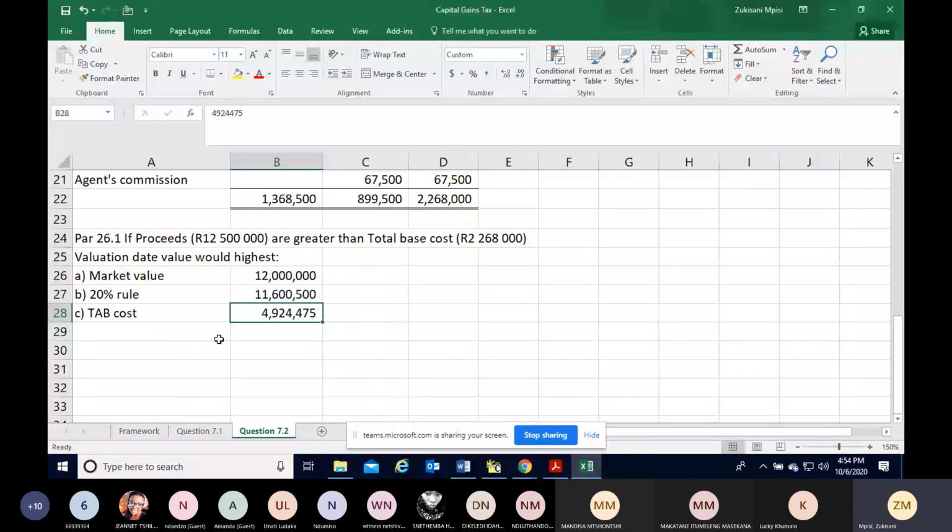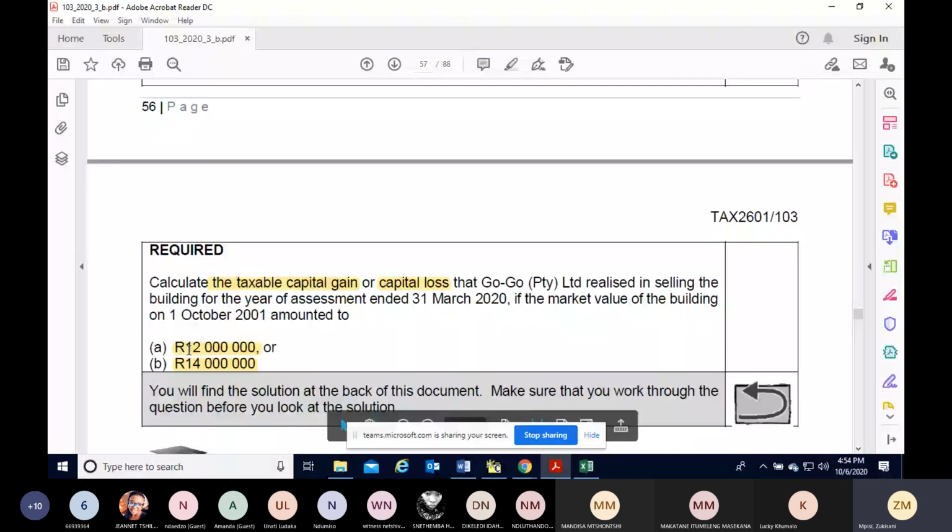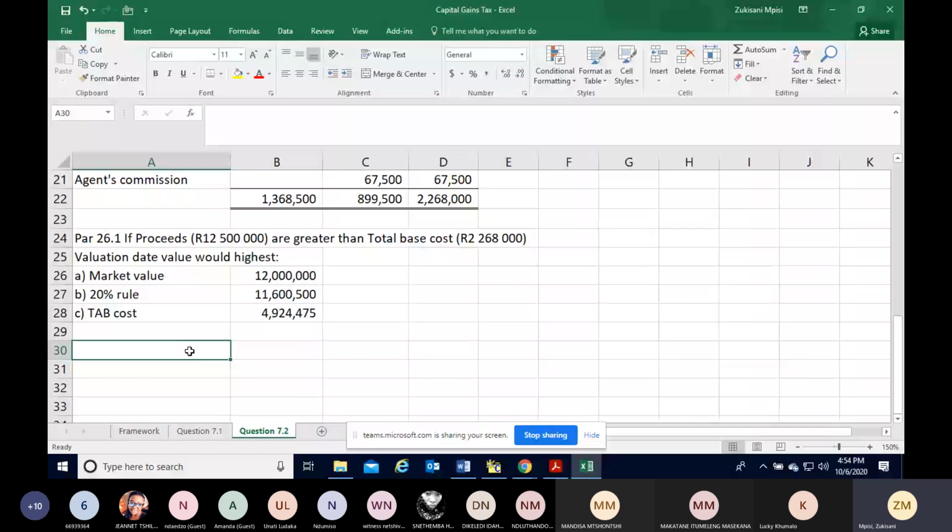So which one is the highest? Anyone? Is it the market value? 100%. So everyone can see that it is the market value. Now I want you to remember, what was the base cost formula in this case?